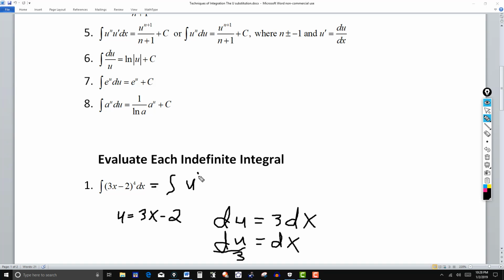Okay, and then dx from this right here, dx is du over 3, so this will be du over 3. I'm just going to put it out in front. It's a constant, so I can bring it out.